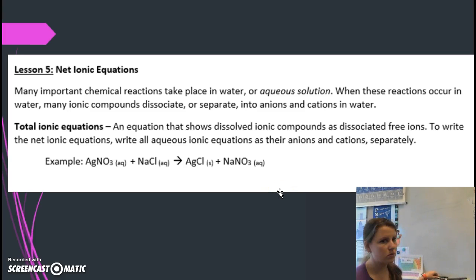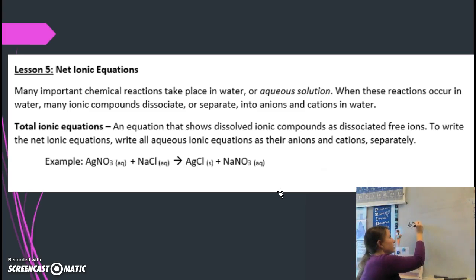The first thing we would do is take silver nitrate, since it's listed first. We're going to dissolve that into its anion and cation. So we would have Ag plus 1, and that's going to have an aqueous label to show that it is dissolved in water.